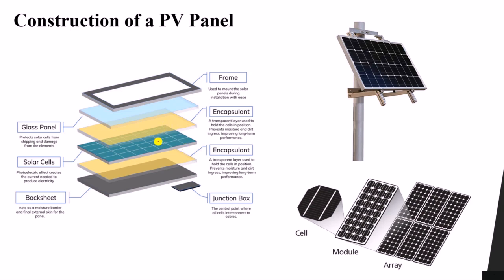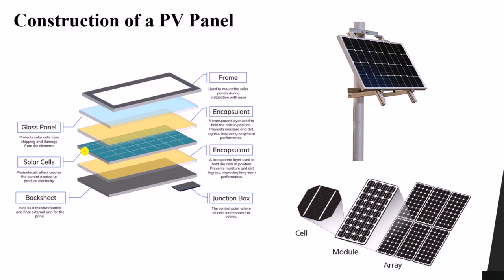Then we have two layers here, which are used to protect or hold the cells in position and prevent moisture and dirt from reaching them. Then we have the junction box, which is used to connect other PV panels with it, or to give us the two terminals of this panel. We will discuss it in detail, don't worry, in the next lessons. So this is the main construction of a PV panel.